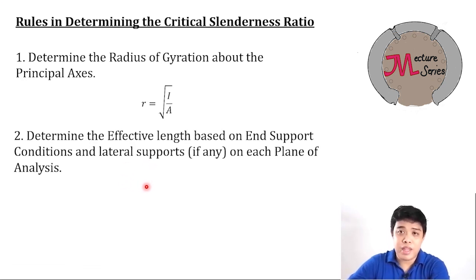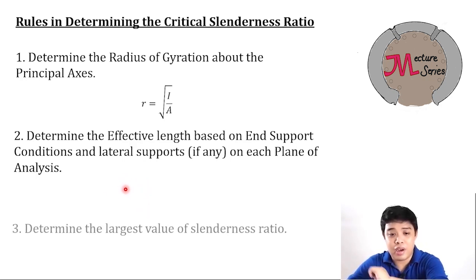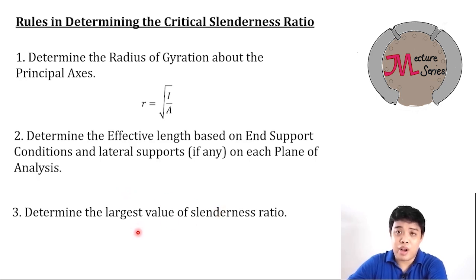Number 2, determine the effective length based on end support condition and lateral supports, if any, on each plane of analysis. Number 3, determine the largest value of slenderness ratios. Of course, the critical slenderness ratio for a certain compression member is the largest slenderness ratio occurring in the column. So let us discuss it one by one.